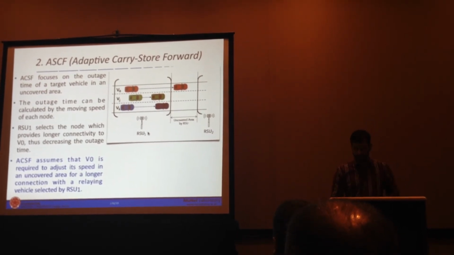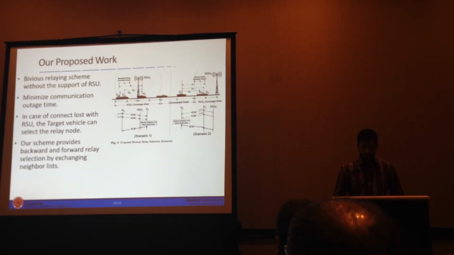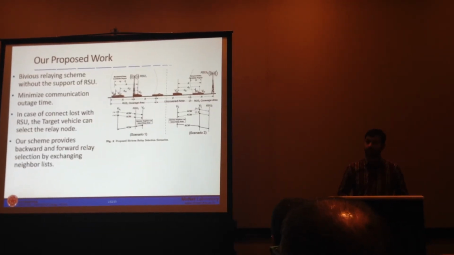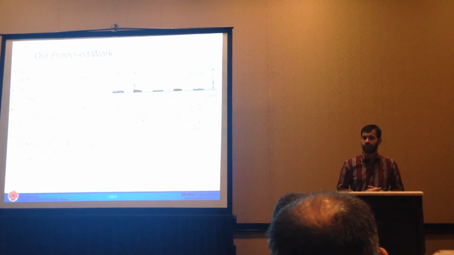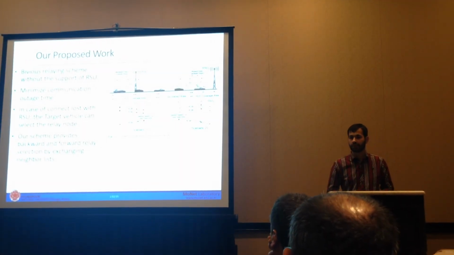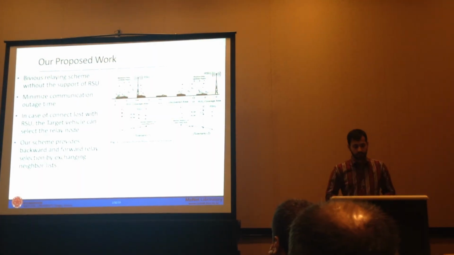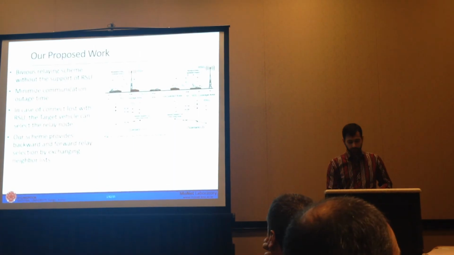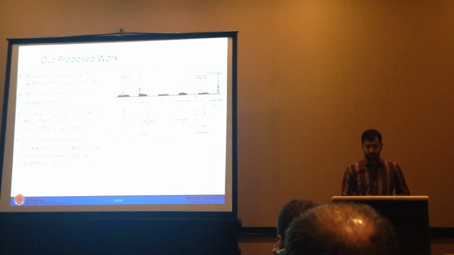So we shift the idea so that a vehicle itself should be capable of taking a decision. And also it should not depend on the speed or those kinds of hard assumptions. So our scheme is a quite complex figure, but anyway, I will just try to explain that.